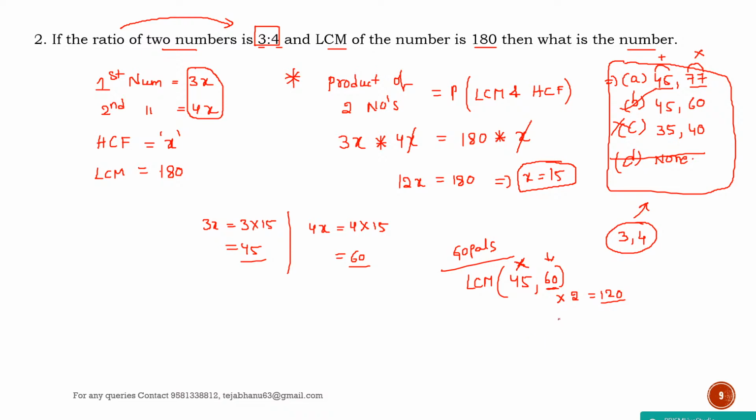Now check with the next multiple of 60, that is three times 60, 180. 180 is divisible by 45. So definitely, if you check with this method, the LCM of 45 and 60 is 180 only. I hope it's clear. Is it clear, everybody?